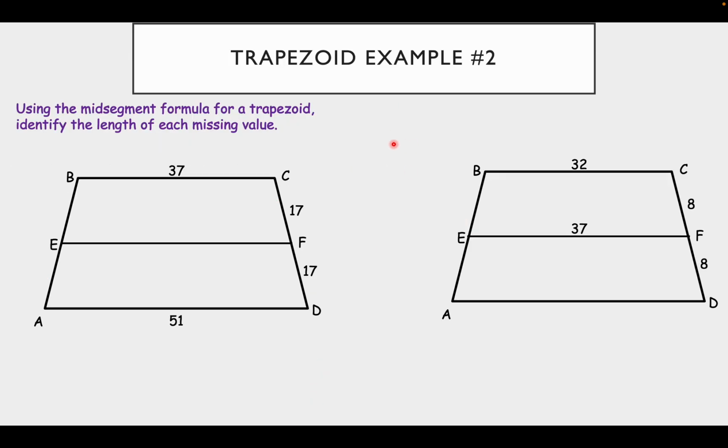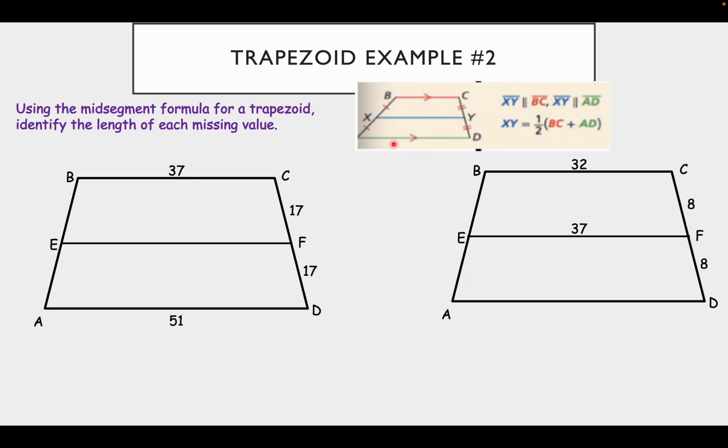Example 2, using the midsegment formula for a trapezoid, identify the length of each missing value. Well, our midsegment formula is that the midsegment is going to be 1/2 times the two bases added together. In this example, we have 37 for this base and 51 for the bottom base.